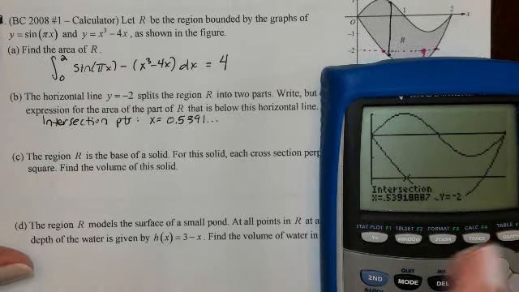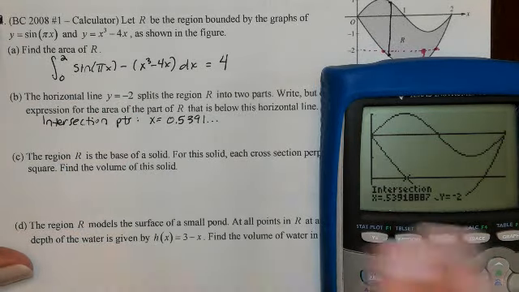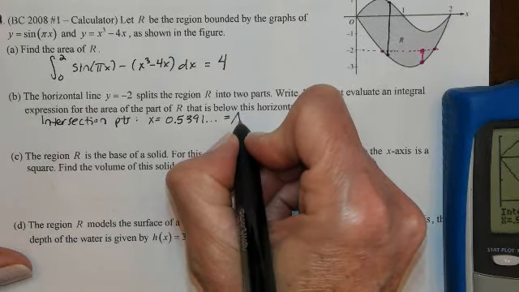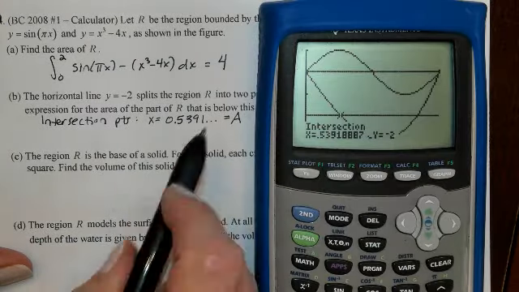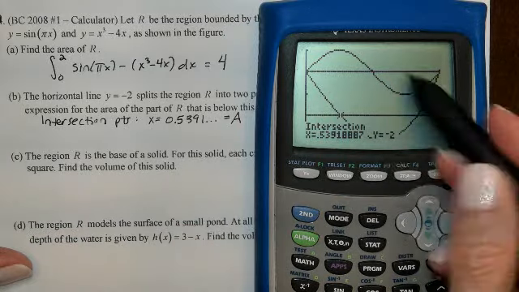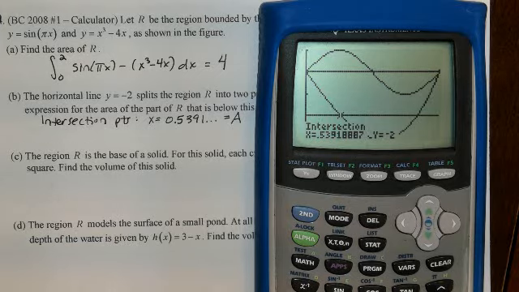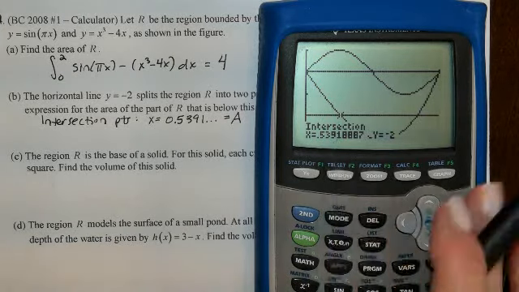Now, I'm going to need that for my integral, right? So what I'm going to do is say equals a. And then I need to always tell AP what you're doing. Don't just do a bunch of work on your calculator and spit a number out. It won't be enough. You won't get the points. Okay, so I'm going to store this value in for A.